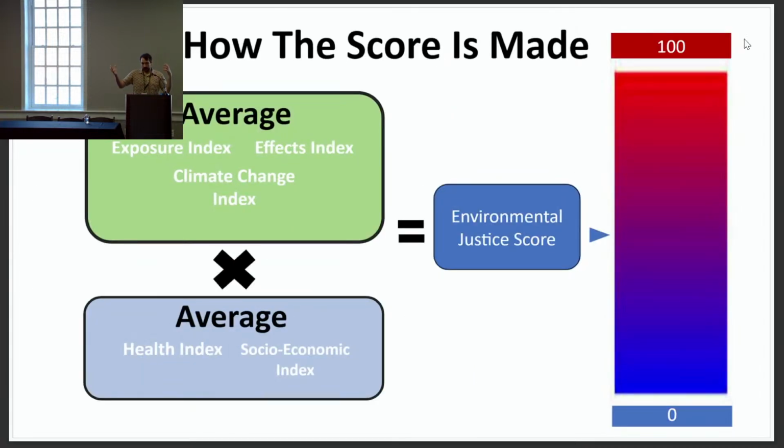We take all of the data and we hoover it up into a single index by calculating the EJ score as a product of the population quotient. Basically, we take whatever variable we're looking at, we multiply it by the proportion of the whole state's population that is in the census tract we're looking at, and then we average the two data sets together and turn them into a percentile.